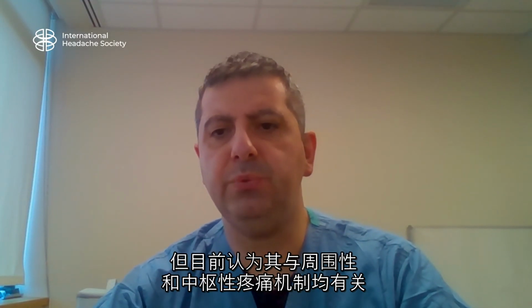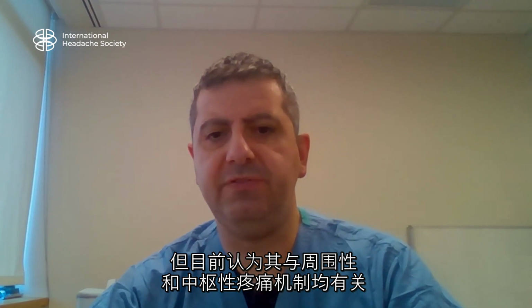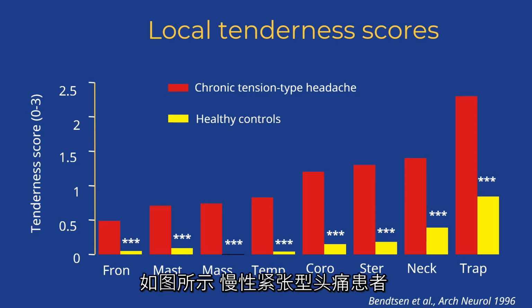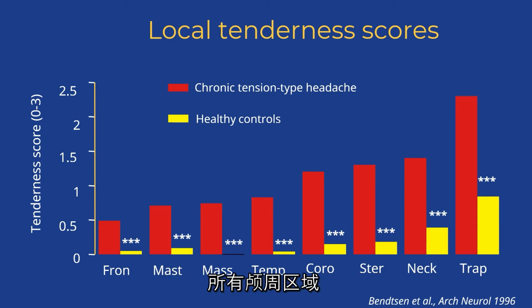Pathophysiology of tension type headache is not fully clarified, but we know that both peripheral and central factors play a role. Increased pericranial tenderness has been found both in patients with episodic and in patients with chronic tension type headache. As seen in this figure, in chronic tension type headache, the tenderness seemed to be uniformly increased throughout the pericranial region, and both muscles and tendon insertions have been found excessively tender.